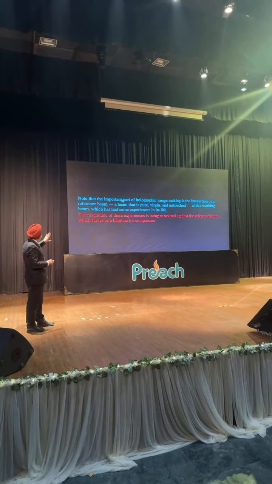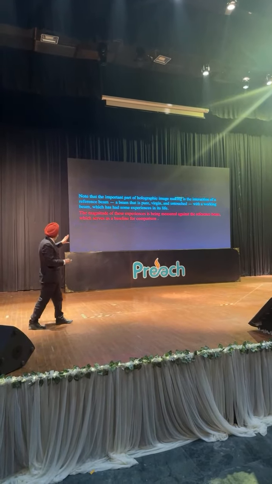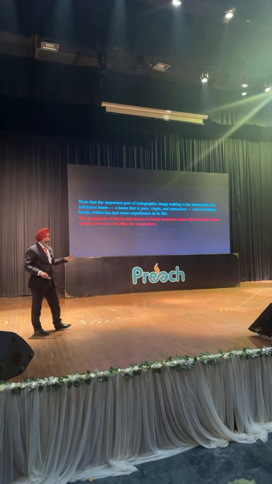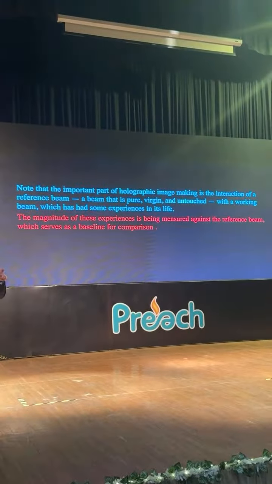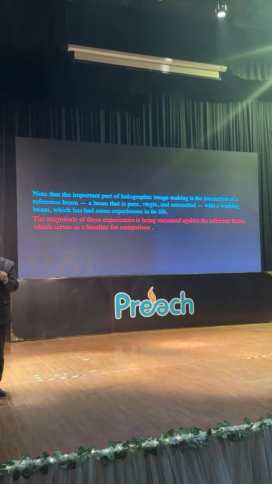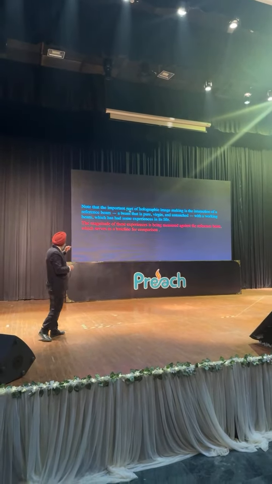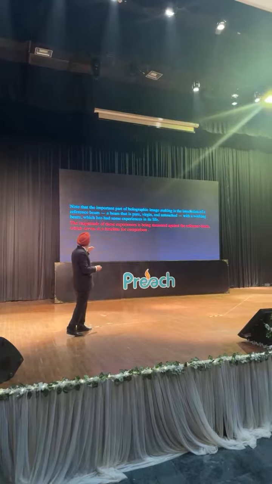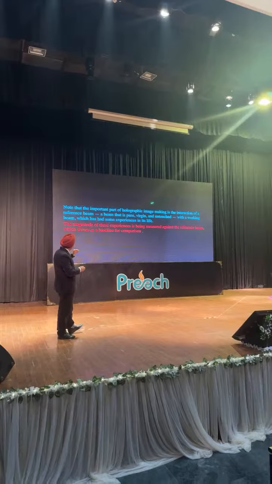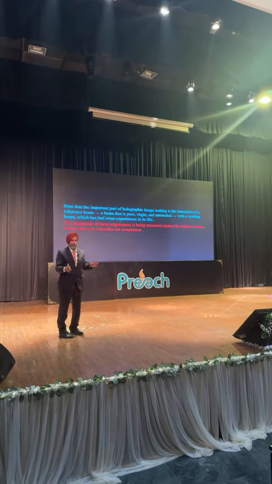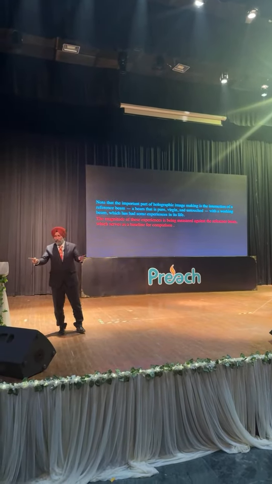Note that the important part of holographic image making is the interaction of the reference beam. The very important part of hologram formation is the interaction of the two beams, divided from one into two.